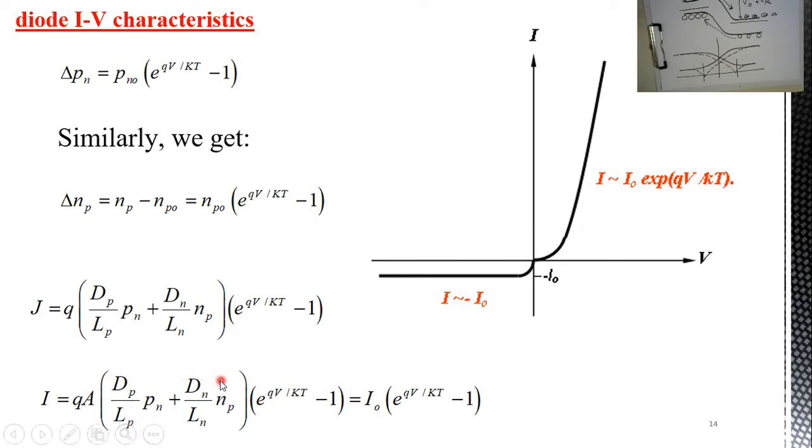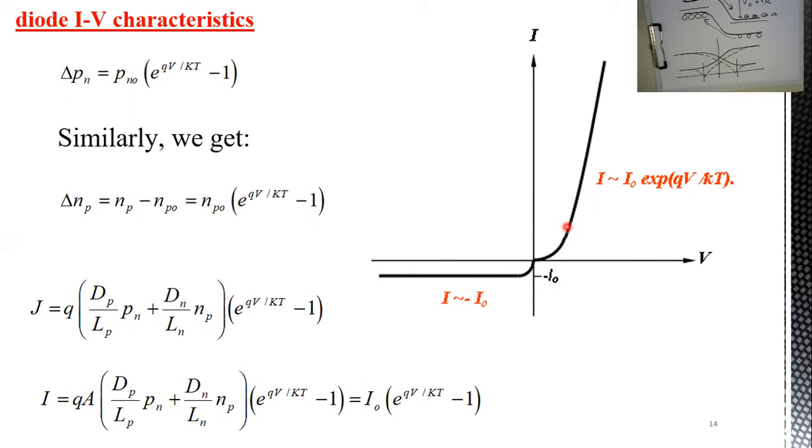It depends on the diffusion coefficient, the lengths, and the concentrations. A is the area and Q is the charge. And here we have e^(qV/kT) minus 1. I believe that most of you already remember this equation from your year 1 electronics course. So this is the general IV curve. You have here 4 regions of operation.